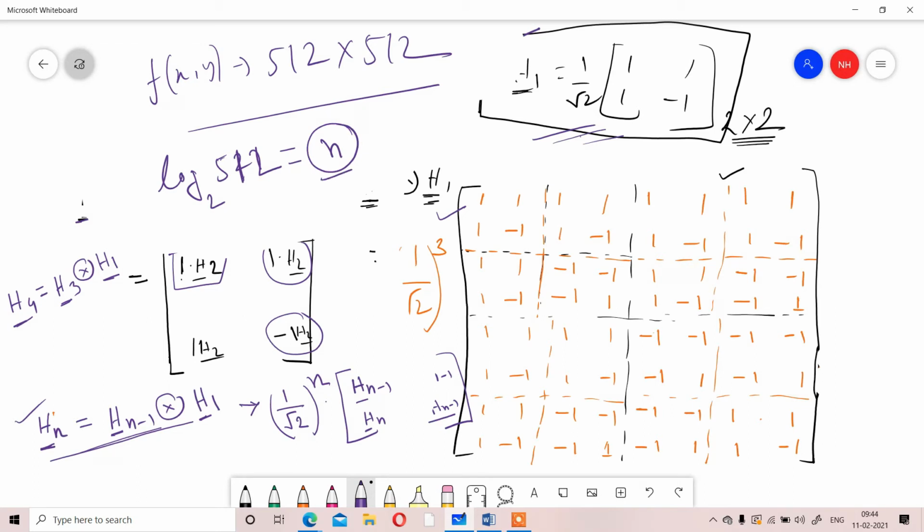And then h1 will be defined by 1 by root 2 times 1 1 1 minus 1. Then depending on that order, you will calculate hn. So that is your transformation matrix. That is all you need to do. After that, simply do the multiplication to calculate the transformed image v: multiply the transformation matrix with your image and again by the transformation matrix.